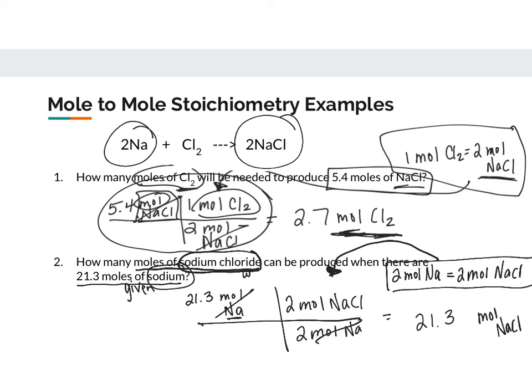The whole point of stoichiometry and dimensional analysis is to show me that you know how to cancel out units. So do you know the concept of units canceling? You could have probably done this in your head, but in your head, you can't show me that you're canceling out units. This is showing me that you started with moles of Na and you used the information given to you to convert to moles of NaCl.